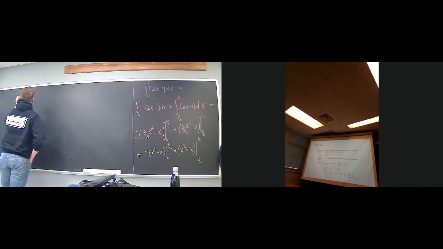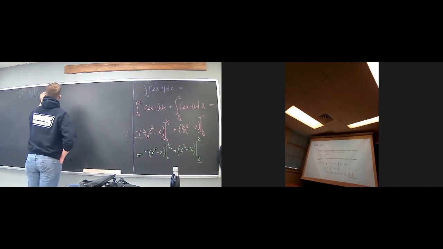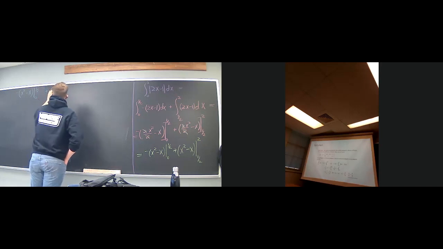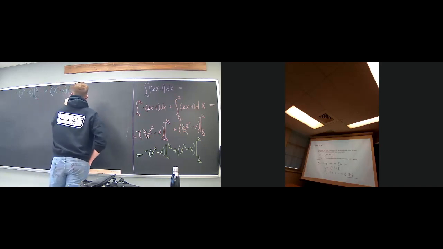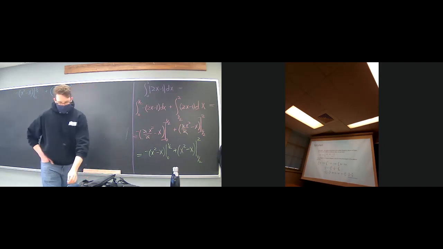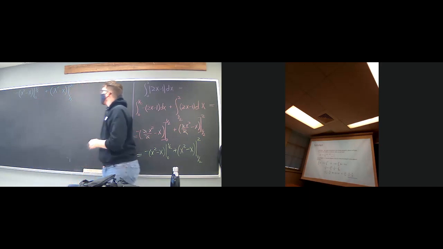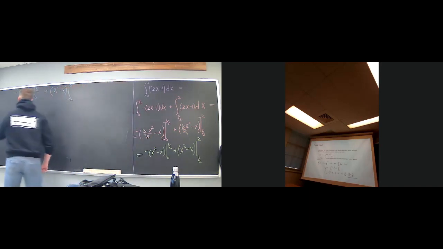So we have negative x squared minus x from 0 to 1/2 plus x squared minus x from 1/2 to 0, or to 2. I apologize. So this first term is going to give us negative, let me write it a little bit different. This will work.